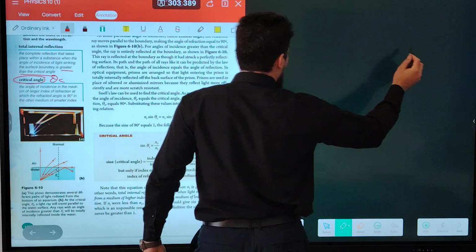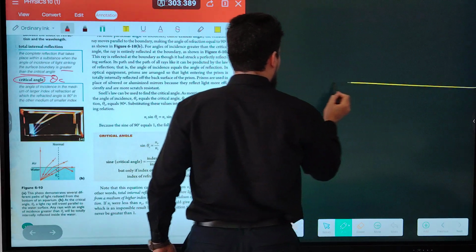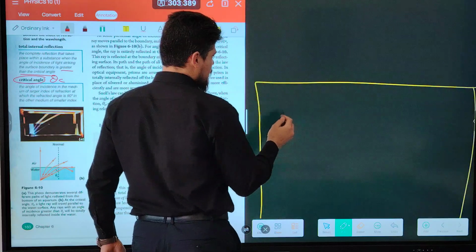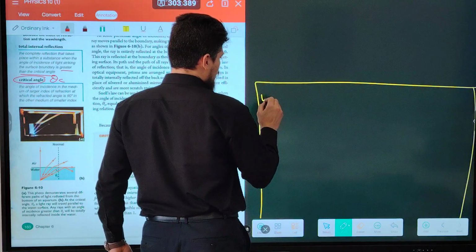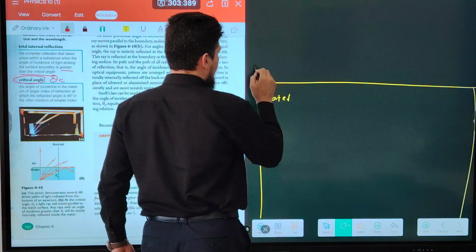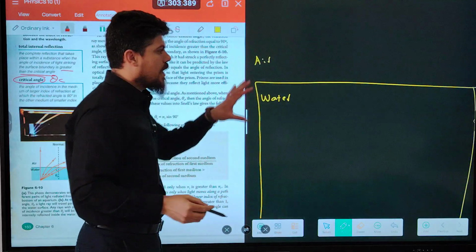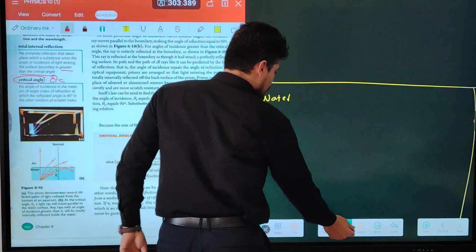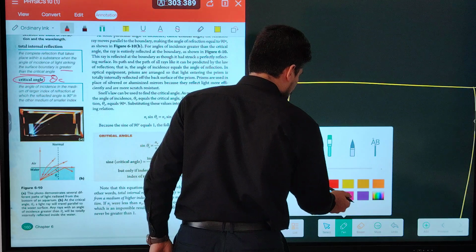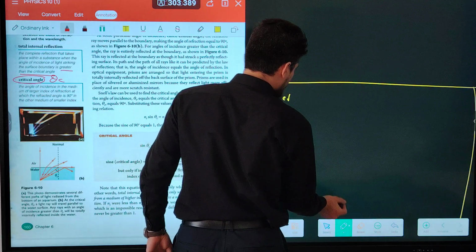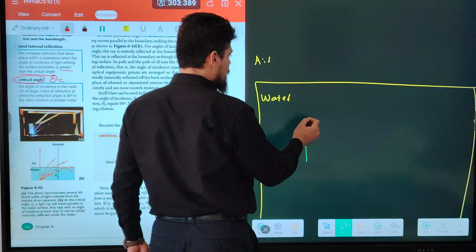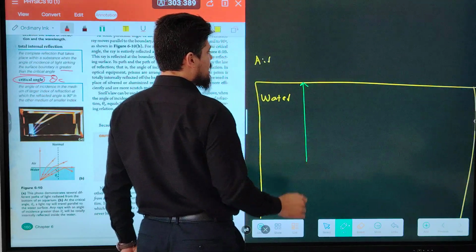Look, when does the critical angle occur? Guys, we have some conditions. This is water and this is air. We have two different substances, water and air. For example, when the light travels from water into the air along the normal, does the light refract in this case?